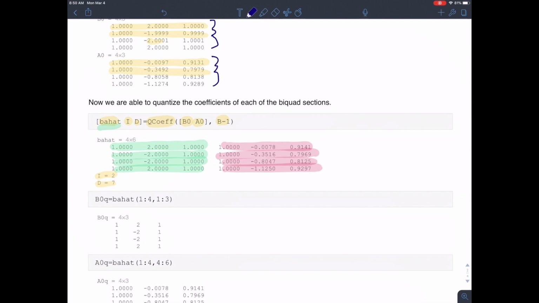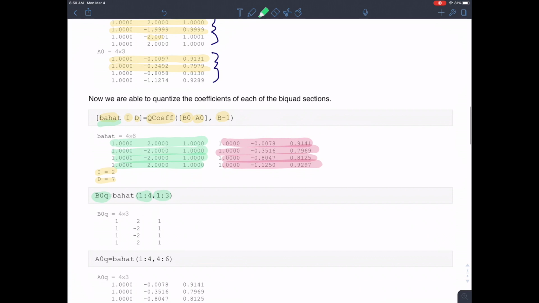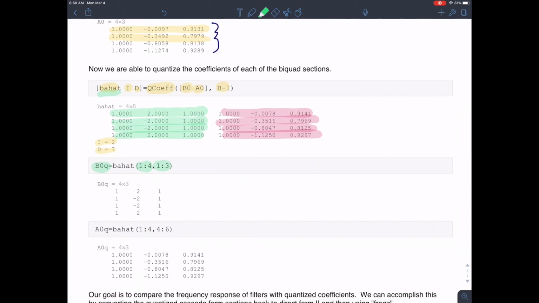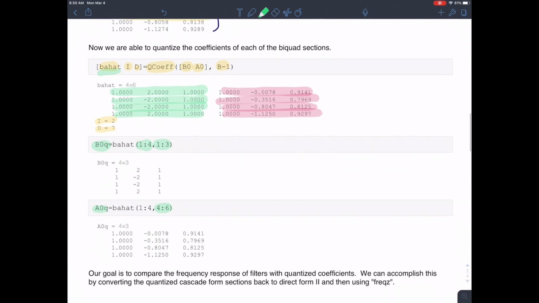So I use some MATLAB notation: if I wanted the B's, I use the first 3 columns. There's 4 rows and 3 columns, so that would give me the quantized B naught matrix. And to get the A's, I look at the last half of the B A hat matrix.